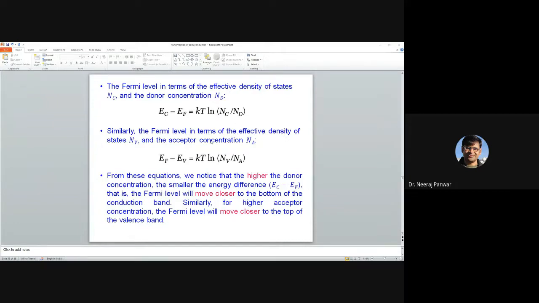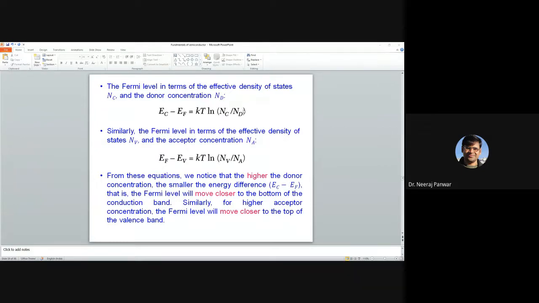Now, if Nd or Na is higher, meaning we keep on increasing the donor and acceptor concentration, Nd and Na are in the denominator. So if the denominator is increasing, will the ratio increase or decrease? It will decrease. So this number is going to decrease, and on the left hand side we have the difference Ec minus EF.